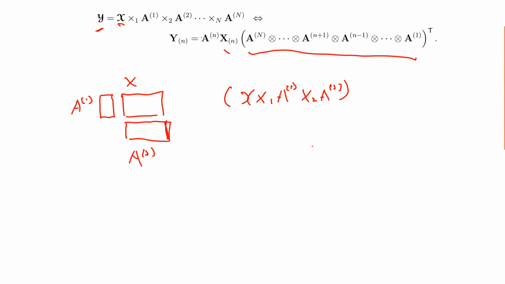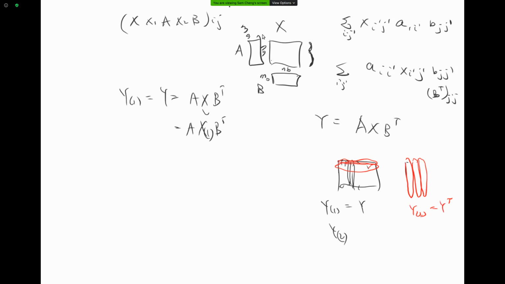I have A, X and B transpose, because I can write this as A1, X1 and B1 transpose.